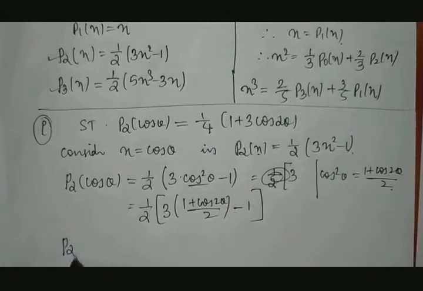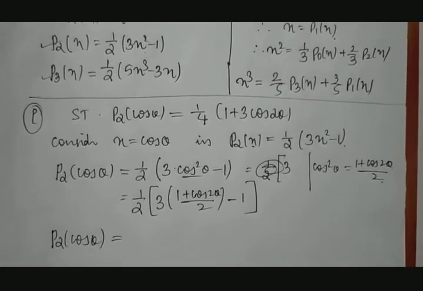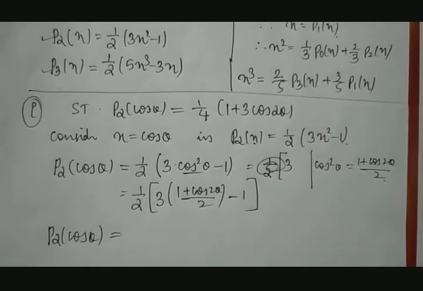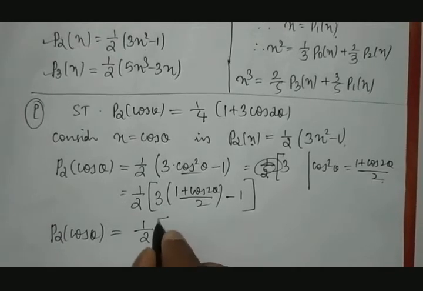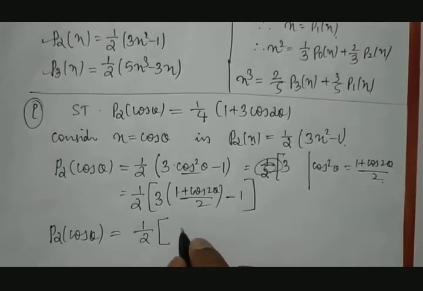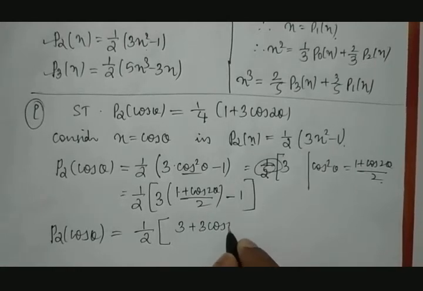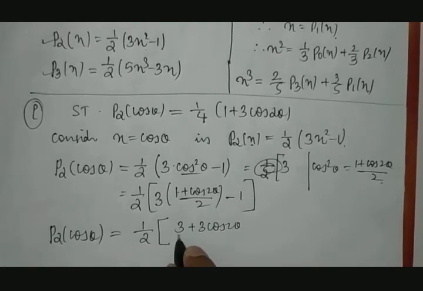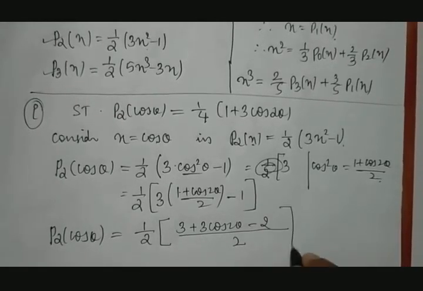Therefore, P2 of cos theta is equal to, if you take 2 as LCM, then it is 1 divided by 2 into 3 plus 3 times cos 2 theta divided by 2 minus 2.